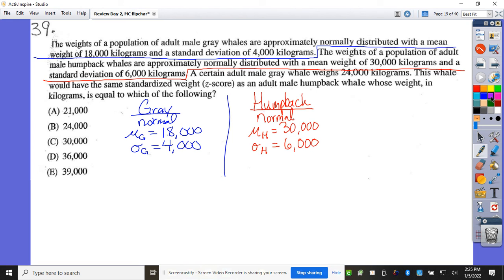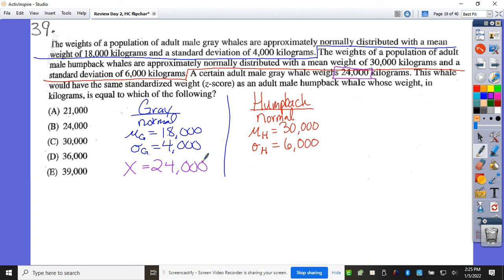And now it gives us this value right here. That 24,000, is that a gray whale or a humpback whale? So I know I'm going to put it with these values. And at the end, it's going to say this would have the same z-score as what over here.